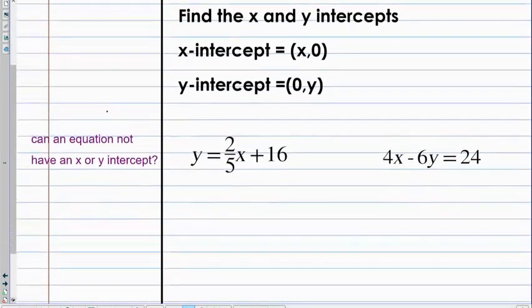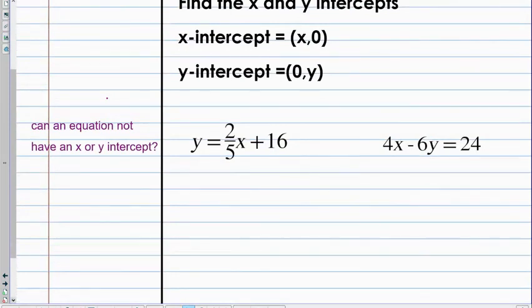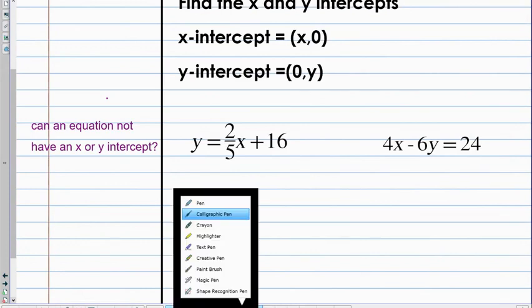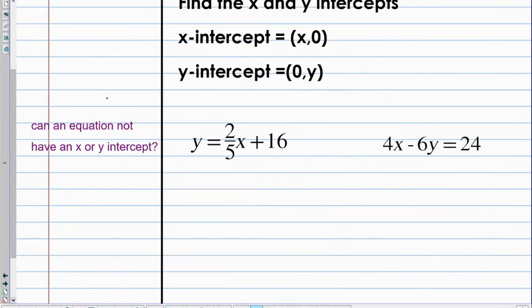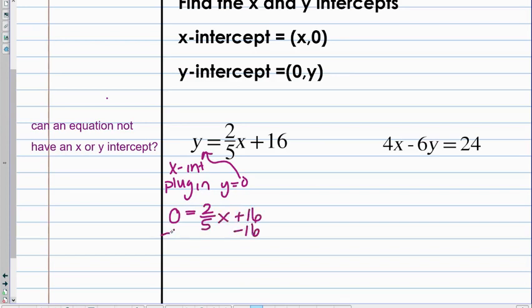So to find the x-intercept, you're going to plug in 0 for y. So let me get a pen here. Right here, I'm going to say 0 equals 2/5 x plus 16. I'm going to subtract 16 from both sides.